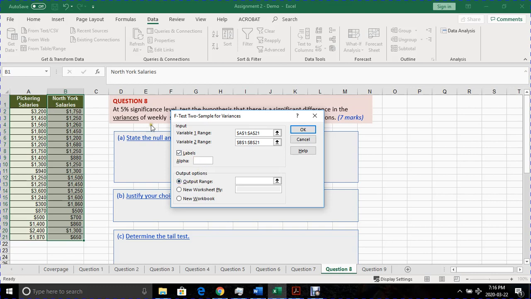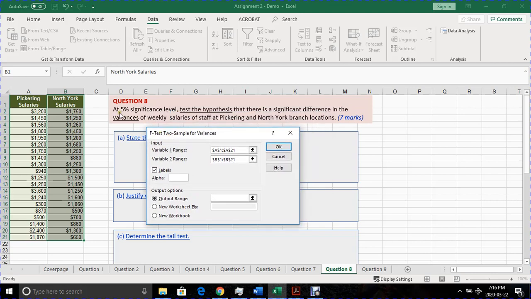The alpha is 5% as given by 'at 5% significance level', so that means our alpha has to be 0.05. The output range is where we place our results.